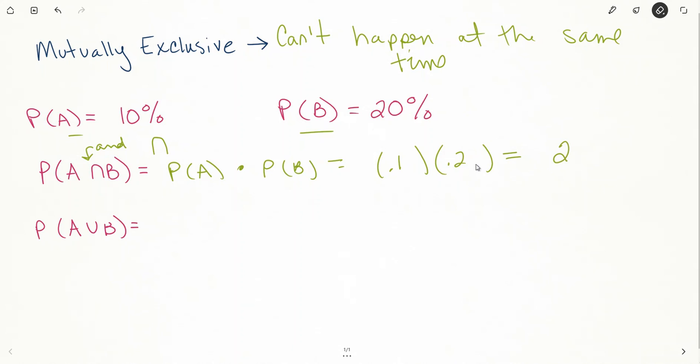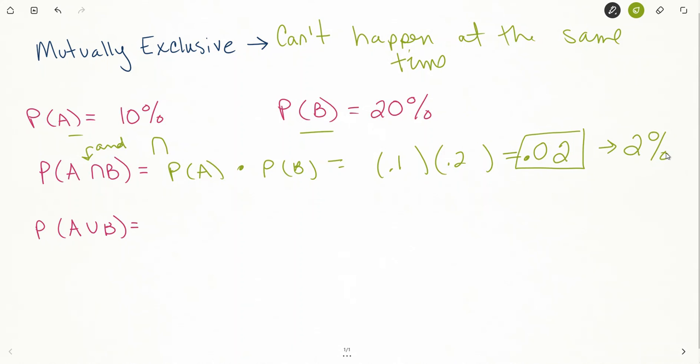You could put this in on a calculator. 1 times 2 is 2, and then I need 2 decimal places, so I'll have to insert a placeholder 0. It looks like the probability of both events happening, so event A and event B, is only 2 out of 100, 2/100ths, or just this very, very small chance of 2%.